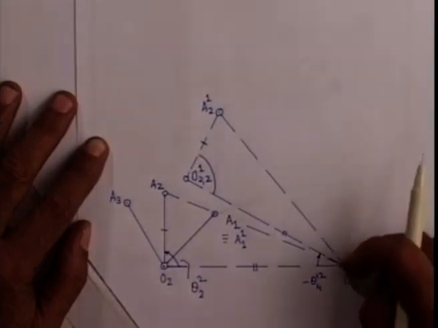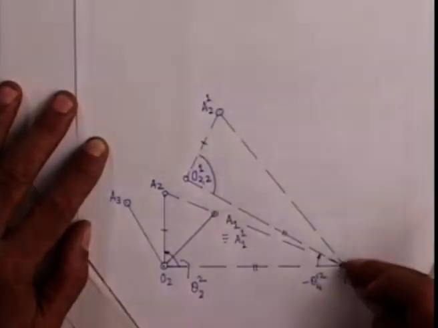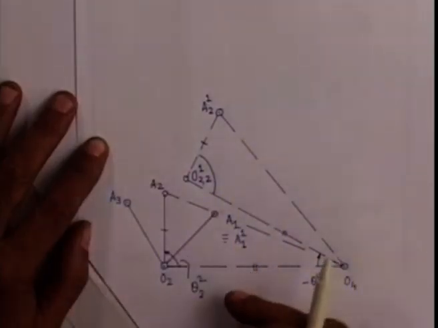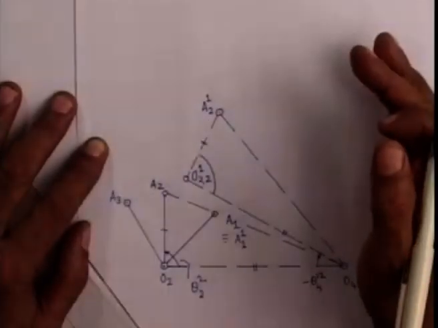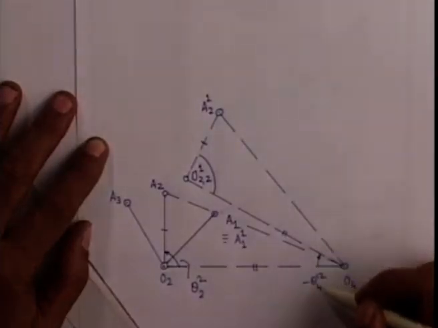So we get O4A21 is the same as O4A2. In fact, this whole triangle has been rotated by the angle minus theta 412.